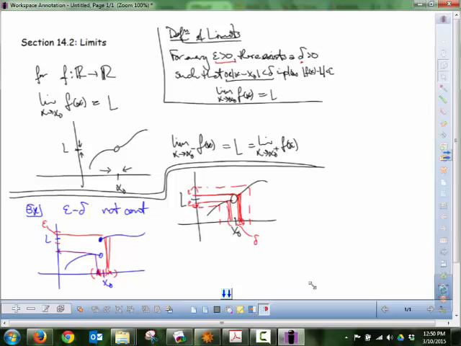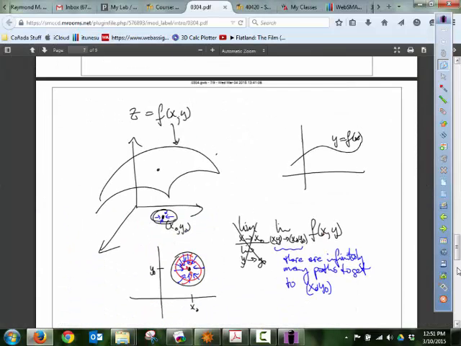This is how it looks in 2 dimensions, and we'll try to see how it looks in 3 dimensions in a few minutes. Oh, this is how it looks in 3 dimensions.